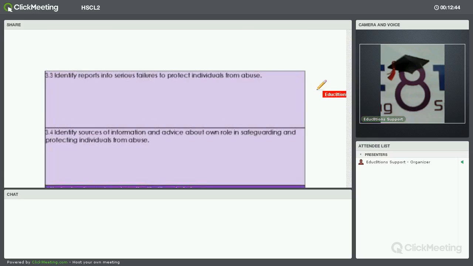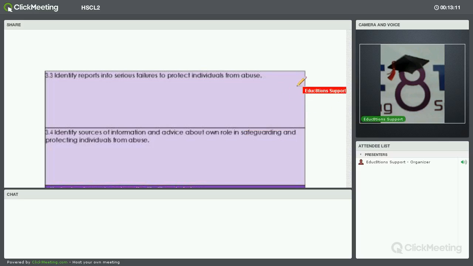3.3. Identify reports into serious failures to protect individuals from abuse. Now, hopefully, a lot of these questions you personally never come across, but on the other hand, you may well have done. Have you ever identified serious failures in protecting individuals from abuse?